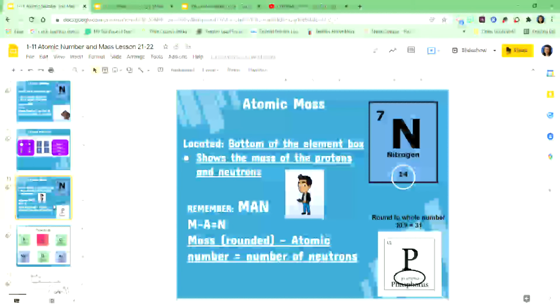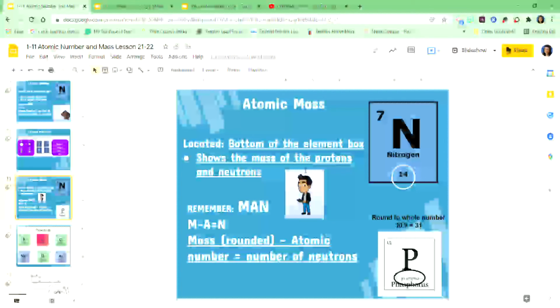All right, so calculating atomic mass. Remember, the atomic mass is the number that is at the bottom. In 8th grade, we use whole numbers because it is a lot easier to calculate. So, as I mentioned, atomic mass is located at the bottom of the element box. It shows the mass of the protons and the neutrons inside of the nucleus.